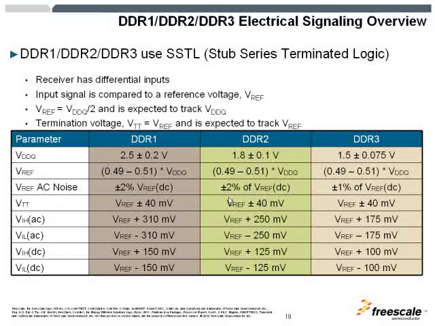Something to pay attention to when you're designing your DDR subsystem is to be careful with the VREF. Of all the signals, the single signal that you need to pay a little bit more attention to is VREF. VREF is VDD over 2 and is expected to track the VDD.